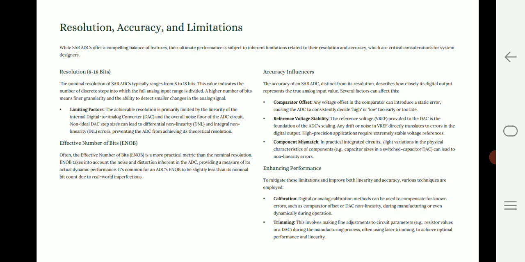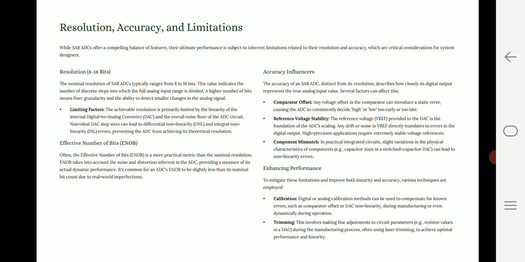To conclude the performance of a SAR ADC, we need to check some parameters: resolution, accuracy, and limitations. Based on these parameters only, we can say that this SAR ADC is better than that one.